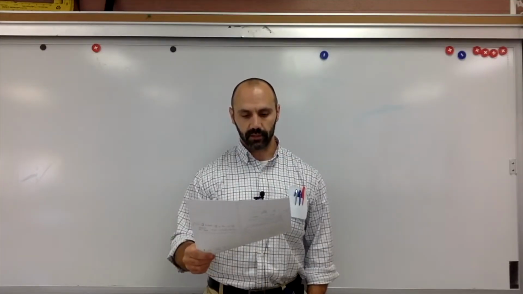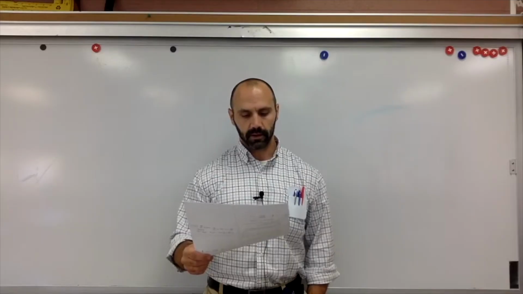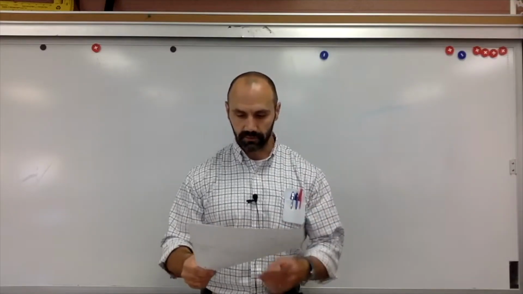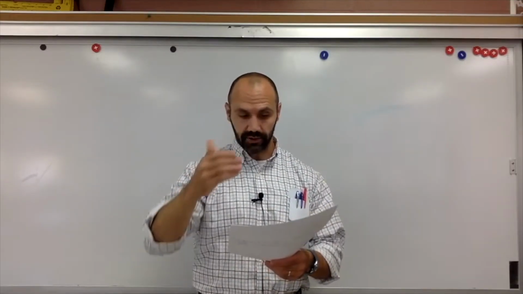R is the rate at which fuel is consumed, and R is negative dm dt, right? Because it's losing mass over time. So here is a derivation. You can look through it if you want. It's based on conservation of momentum, but what we have is this changing mass distribution.